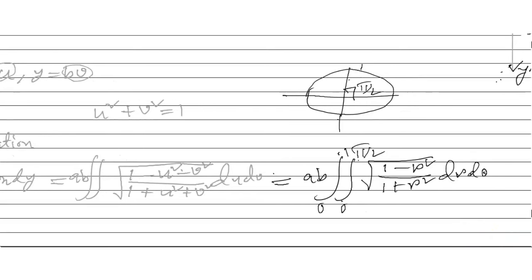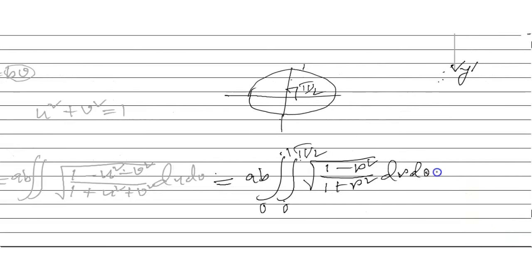After that, the Jacobian is r in the case of u equals r cos theta and v equals r sin theta. So my Jacobian is r.